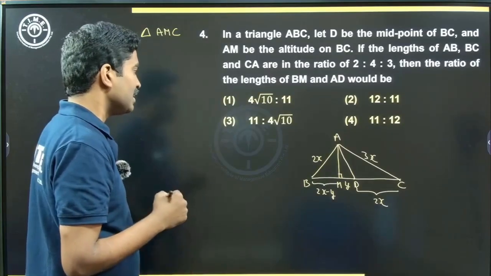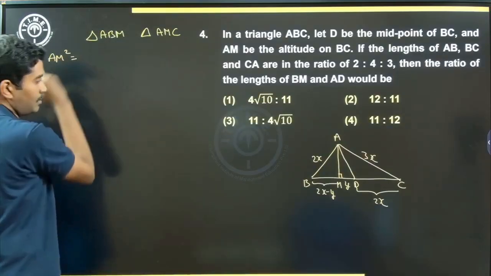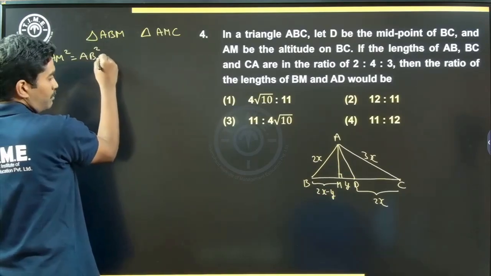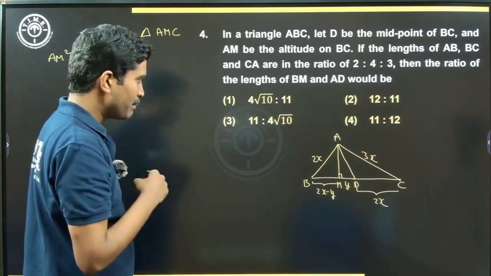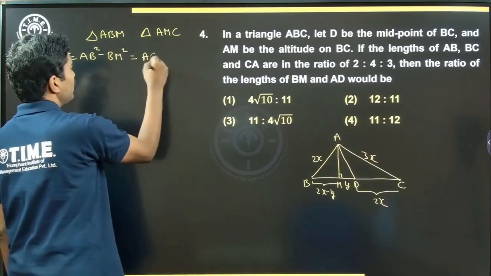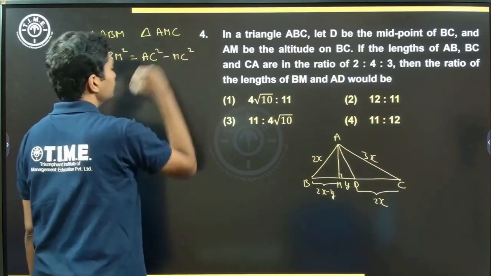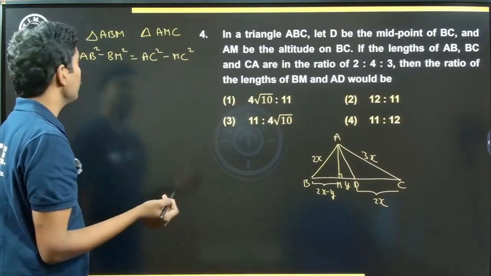Which means in triangle ABM, AM square is equal to AB square minus BM square, which is the same as AC square minus MC square, correct? In this triangle, it's an altitude. In the other triangle, also it's an altitude.